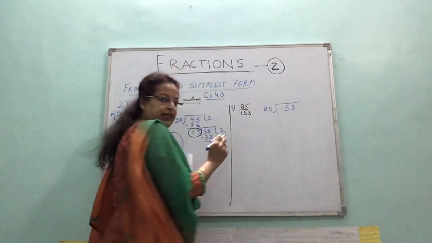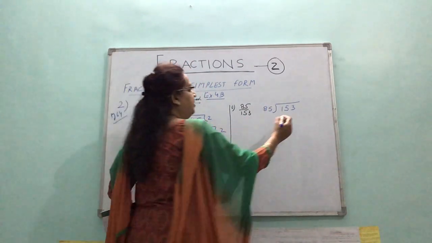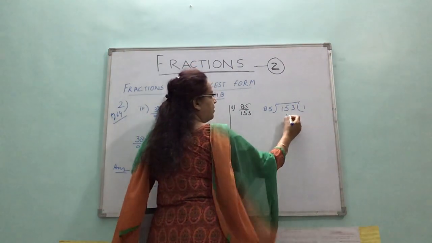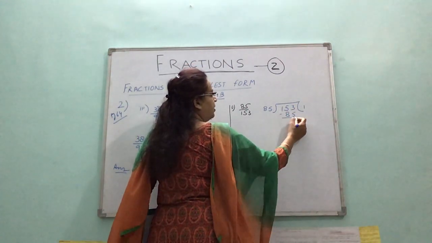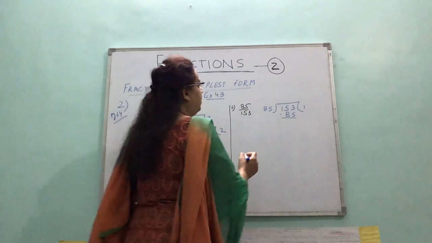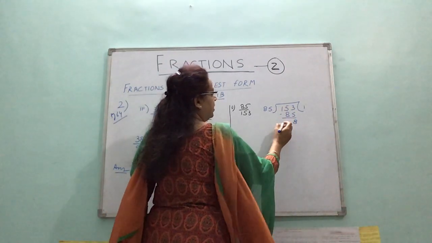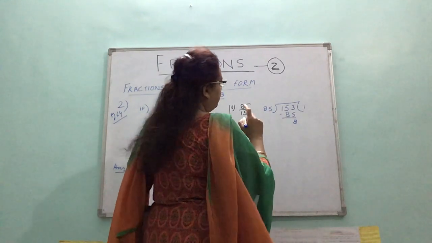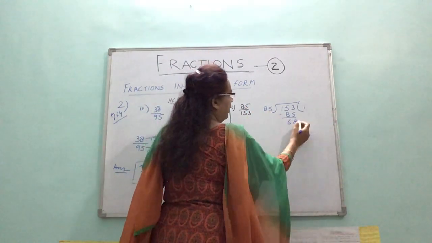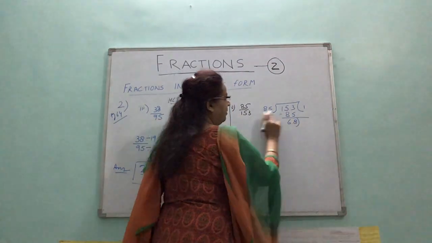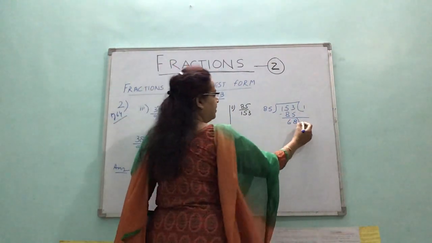The smaller of the two numbers is the divisor and the bigger one is the dividend. It goes once. Subtract. So 13 minus 5 gives 8 and 14 minus 8 gives 6.